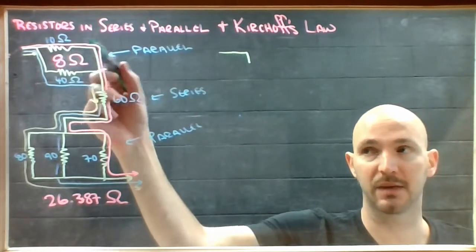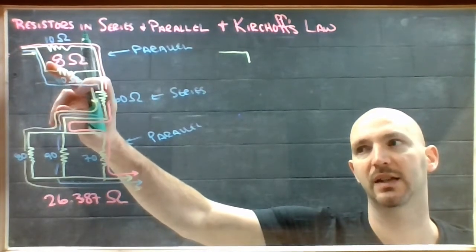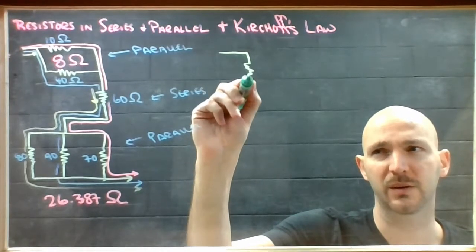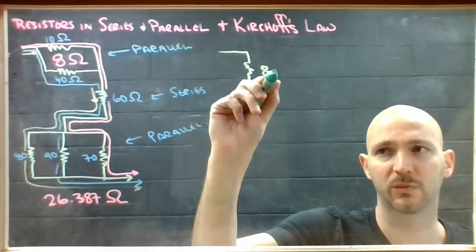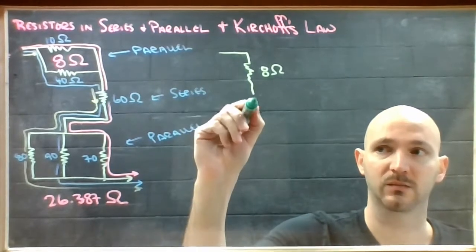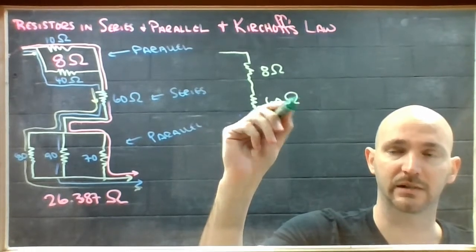And it's a mess, it's two parallel things, but I just did all this work to find out that it's really only worth 8 ohms. So that's what I'm going to put here, 8 ohms.